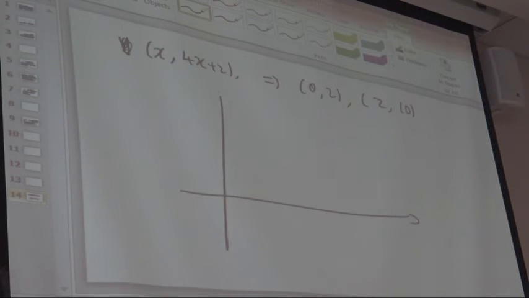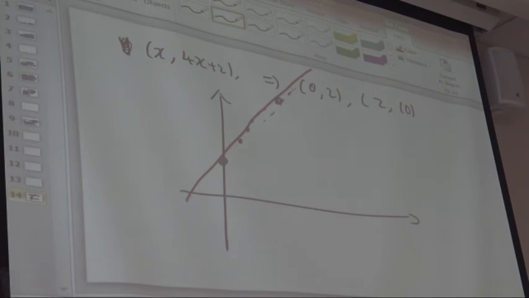So we have 0, 2, which is here, and 2, 10, which is around here. So we just plot the points. If you plot all the points, infinitely many points, I only plotted the 2, but there are infinitely many in between, right?